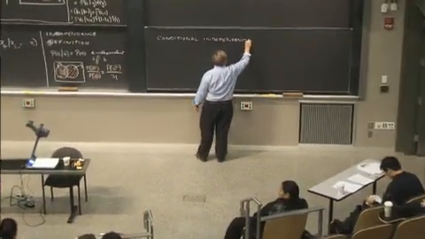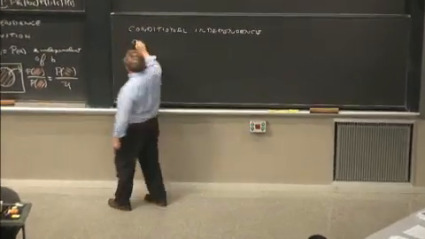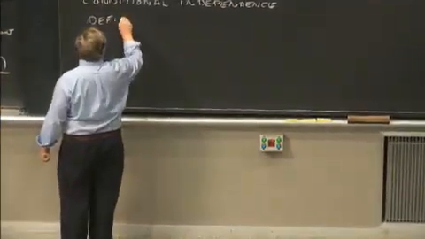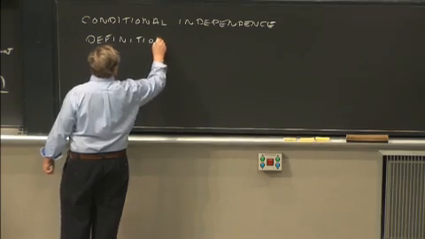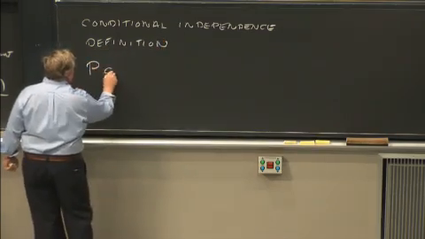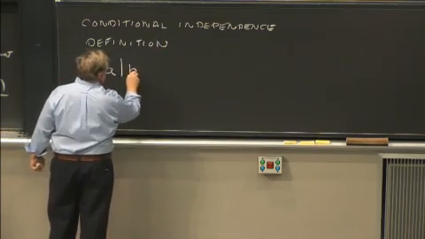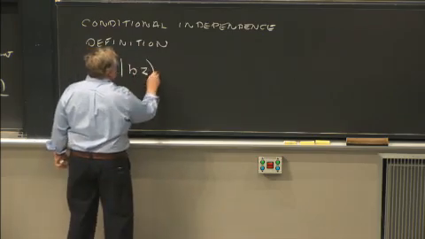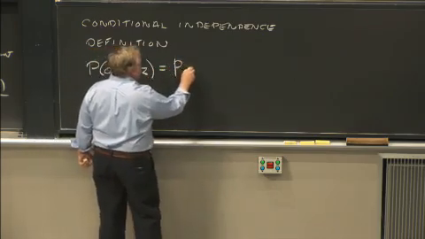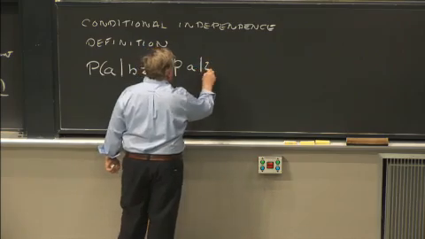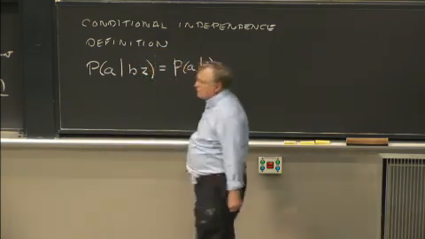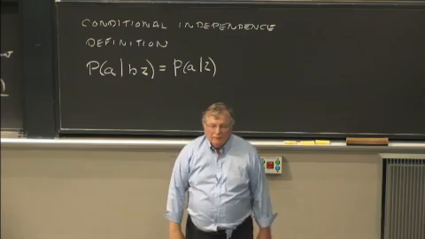And that too can be viewed as a definition. And what we're going to say is that the probability of A given B and Z is equal to the probability of A given Z. What does that mean?